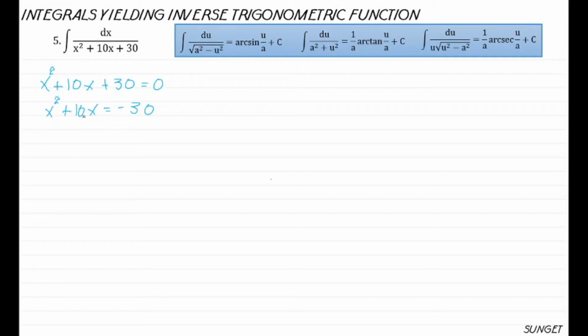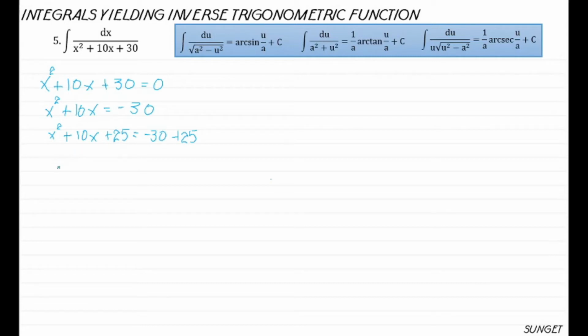Next, take the coefficient of x, divide it by 2, then square it. The resulting value must be added to both sides of the equation. So x squared plus 10x plus 25 is equal to negative 30 plus 25. X squared plus 10x plus 25 is a perfect square trinomial.